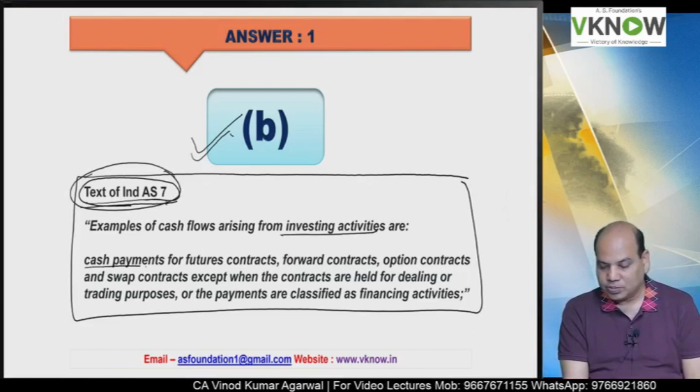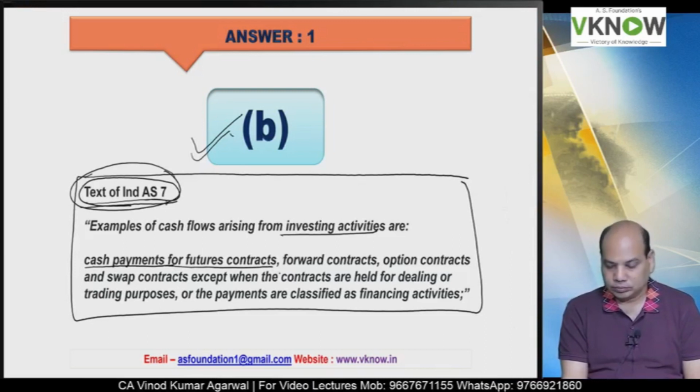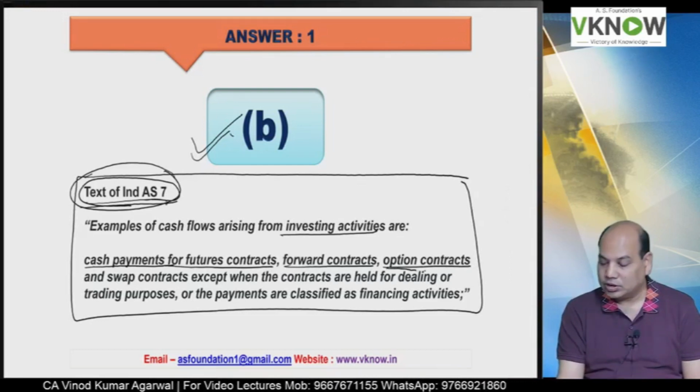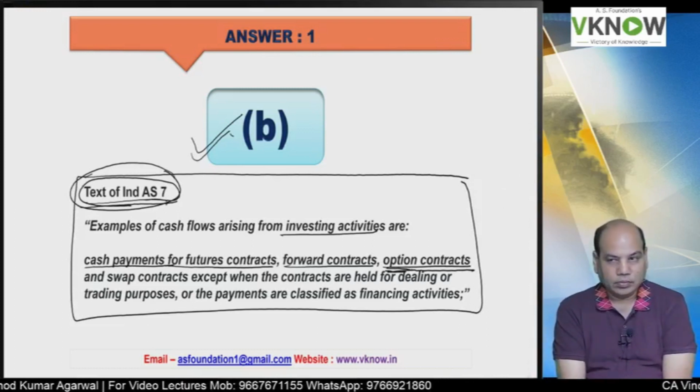Under that, write: cash payment for future contract, forward contract, and, double underline this because it is related to our question, option contract and swap contracts.